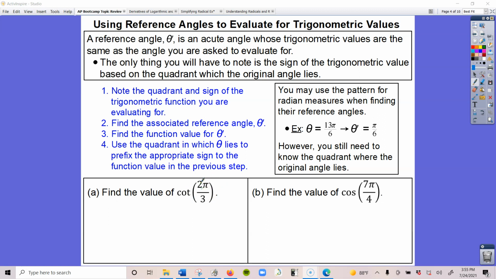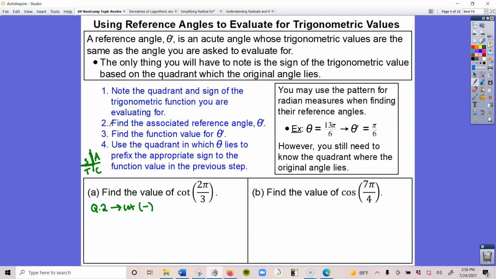The numerator is 1 less than the denominator, so remembering our patterns here, this must mean that the angle is located in quadrant 2. Now, if we remember, A, S, T, C, all students take calculus. In quadrant 2, only sine and cosecant will be positive. So that means that the cotangent of 2 pi over 3 is going to end up being negative.